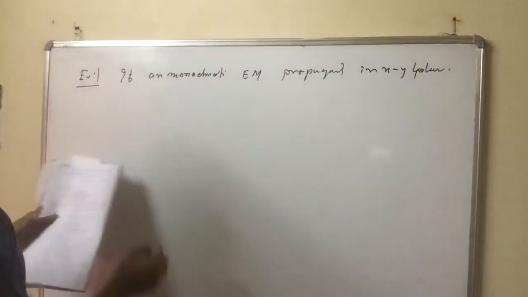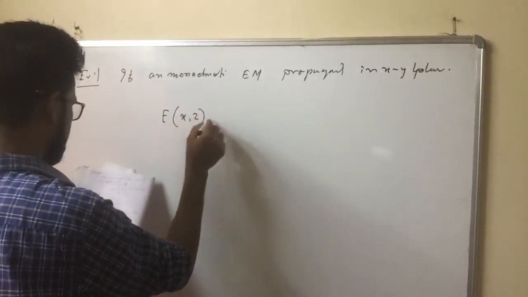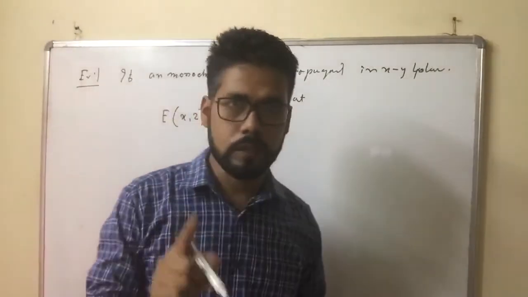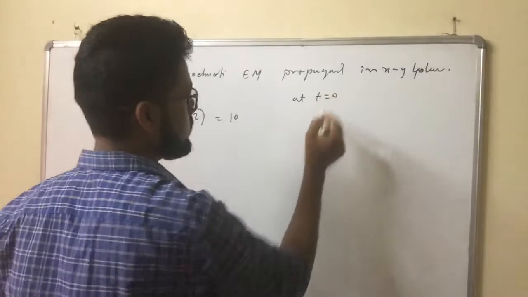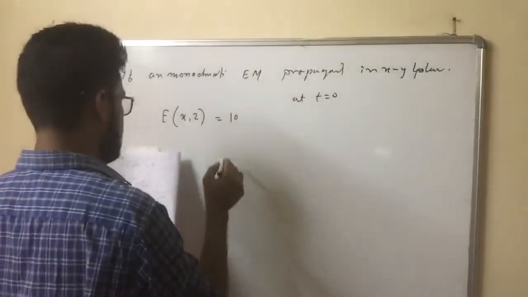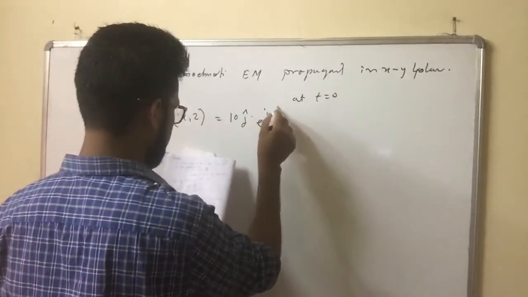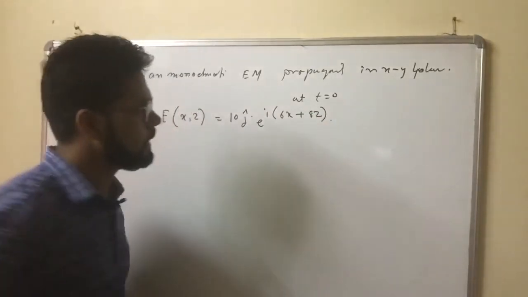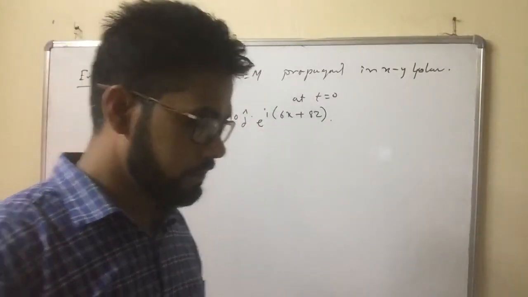A plane polarized wave at t equal to 0, where t equal to 0 means the omega t term will be 0, is given as 10 j e to the power i(6x plus 8z). Is it clear? And now the question is: what is the wave vector?